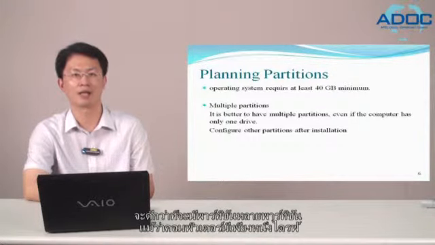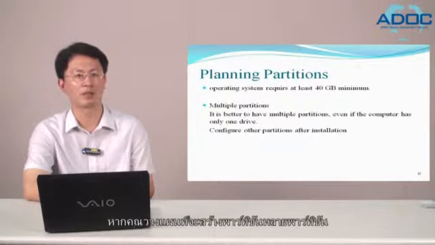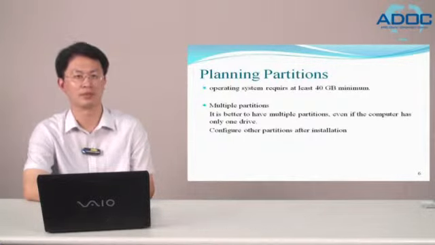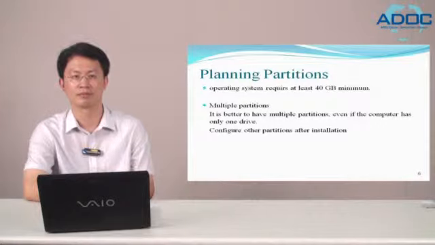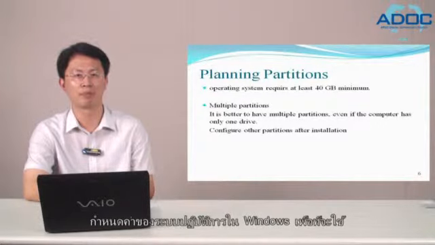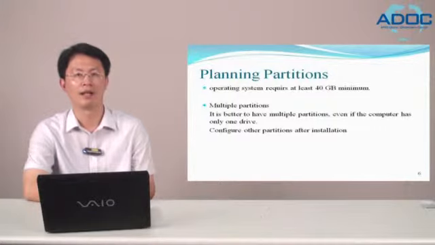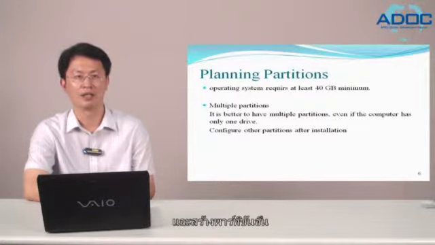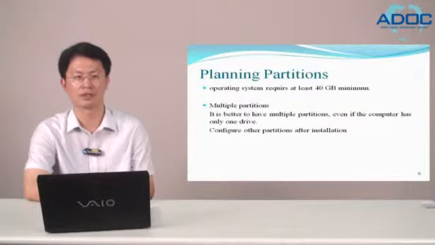Even if the computer has only one drive, if you plan to create multiple partitions, you don't have to worry about doing it when installing the operating system. You can configure the Windows operating system to use a partition of the correct size, such as 40 gigabytes or more, and then create the other partitions that you want to use after the installation is finished.